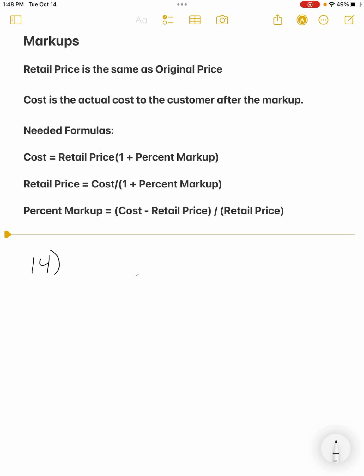So they give us a lot of time to practice, bouncing us back and forth. Number 14 says the cost is $2.27. It tells us that the percent markup is 42%. And then it asks us to find the retail price.